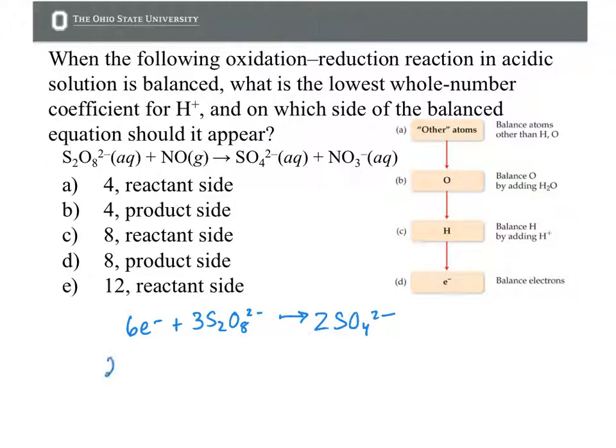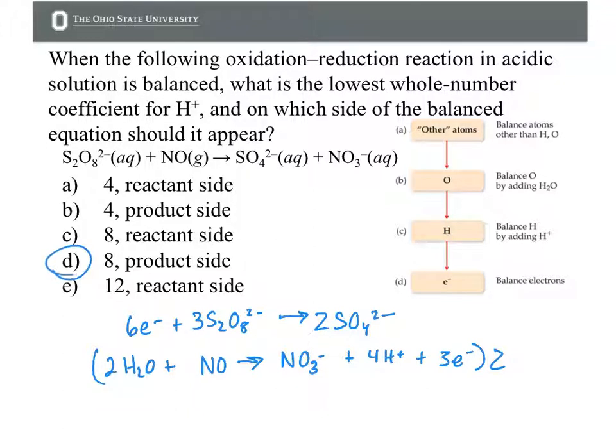Then I'm going to have 2 water plus NO forms NO3 minus plus 4H plus 3 electrons. And I messed that up because I need to multiply all of that by 2. Okay, well, in parentheses times 2. And you should end up with 8 hydrogen ion on the product side.